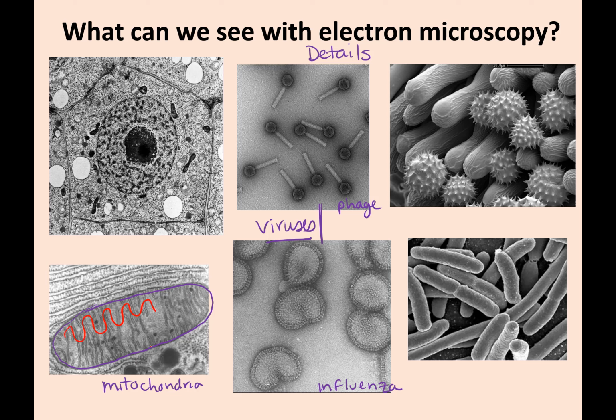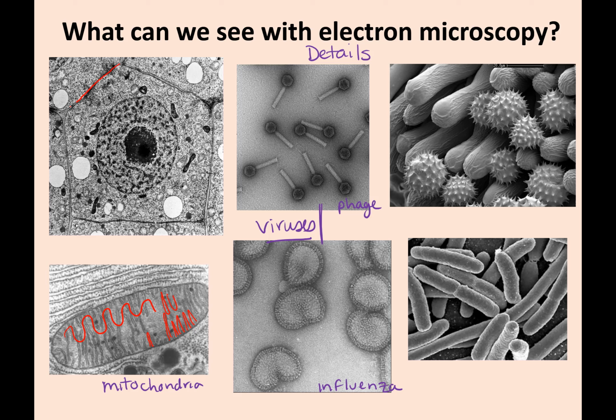But what you can hopefully see here are all of these invaginations, or little folds, these cristae of the second inner membrane. So that's a mitochondria. You can definitely not see the details of mitochondria with a light microscope.